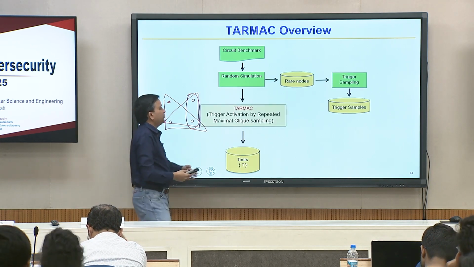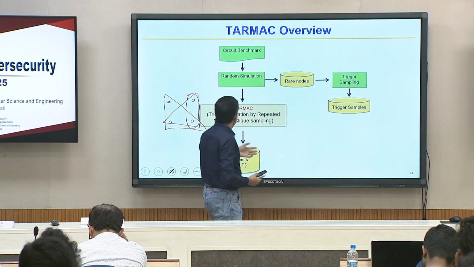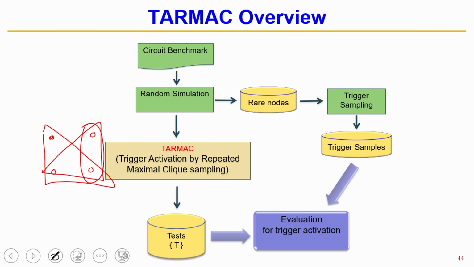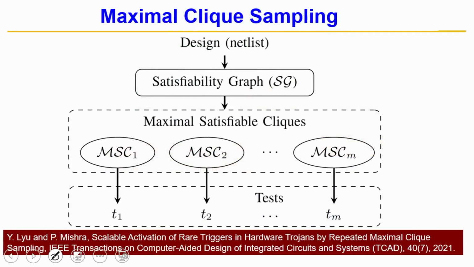So, you still have that story of trigger sampling and all that stuff, but the key idea is you are doing repeated maximal clique sampling, getting those cliques and getting a test case for those, and then you do evaluation. I am not going to get into the detail of the satisfiability graph; if you do not know, do not care.